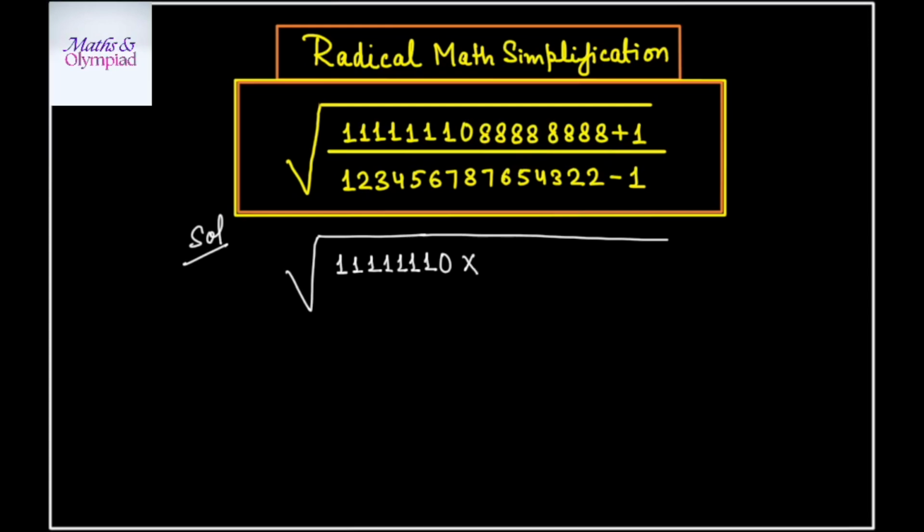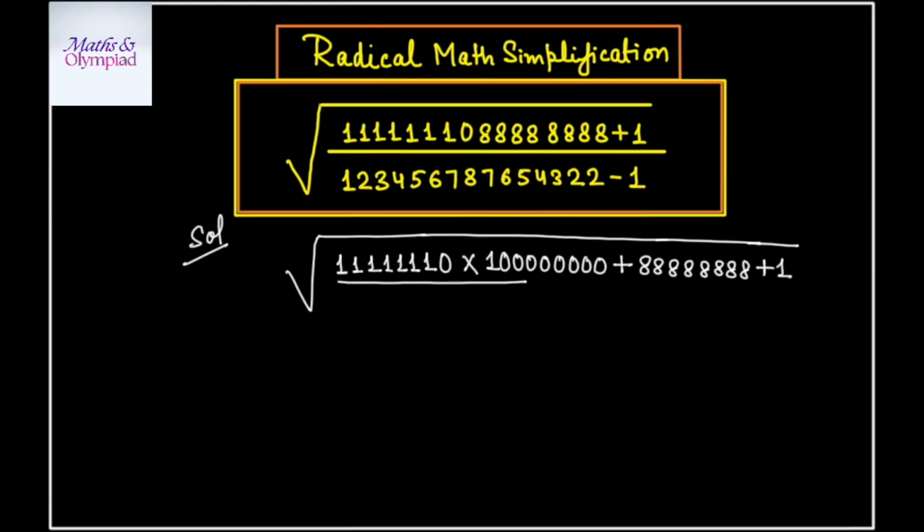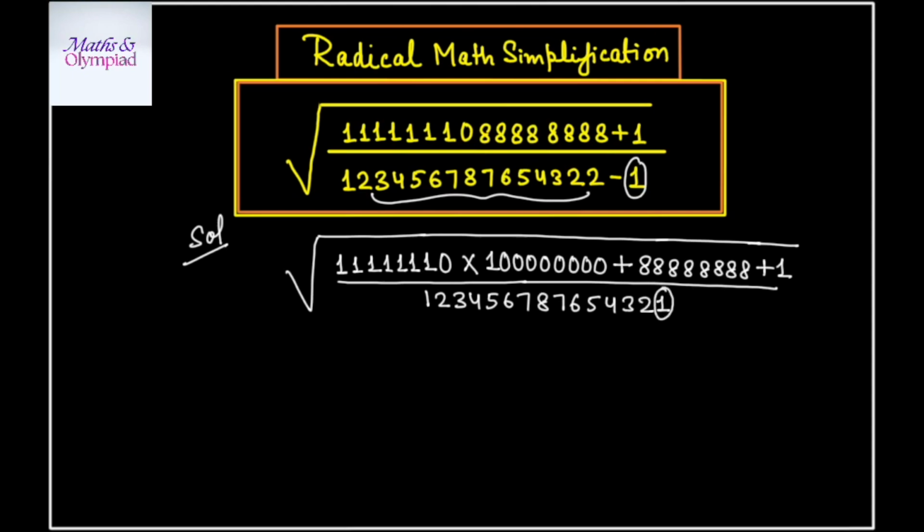Then I will multiply this by, since we have 8 times 8, I will write 1, then 8 zeros, 100000000, plus, then I will add 8 times 8, 12345678, plus 1, over, I will subtract 1 from this number, so we will get 12345678 7654321 and then 1 at the ones place.